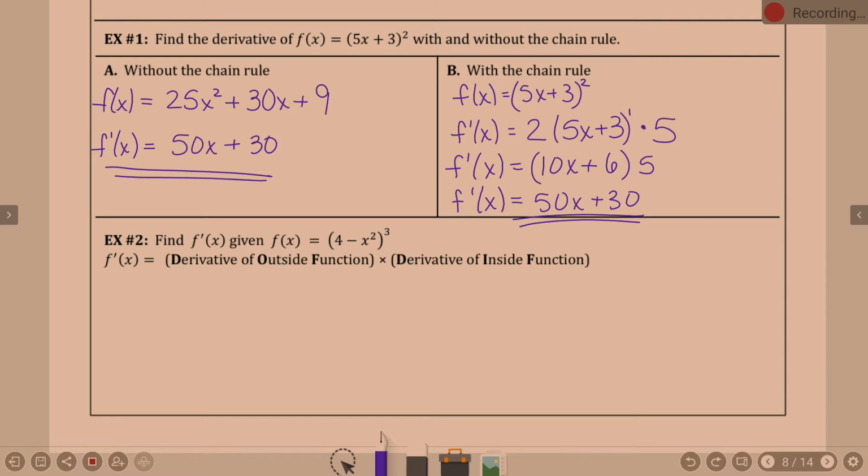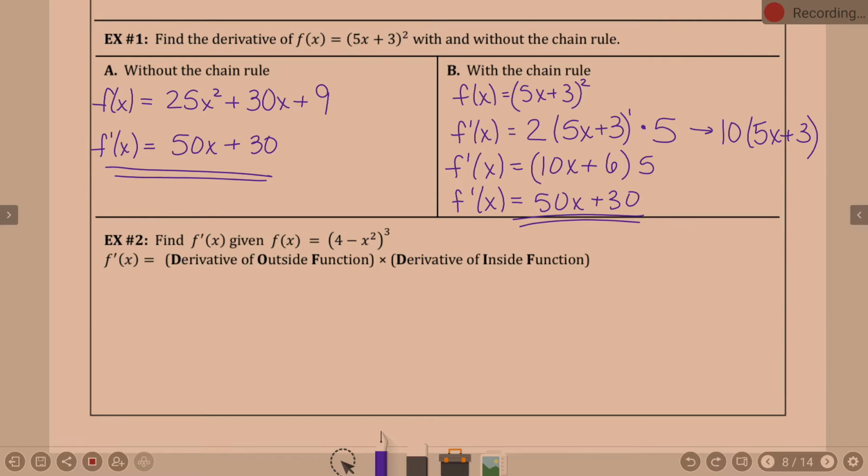Okay. So, now, I'll be honest. In all honesty, depending on the situation, what I also might do is just here, put the 5 up with the 2 and say 10 times 5x plus 3. You could do that as well. Okay? Lots of different ways we can go there. So do you see in this situation is one way easier than the other?